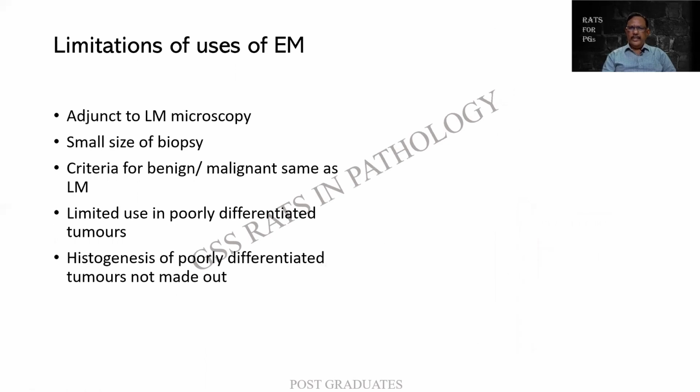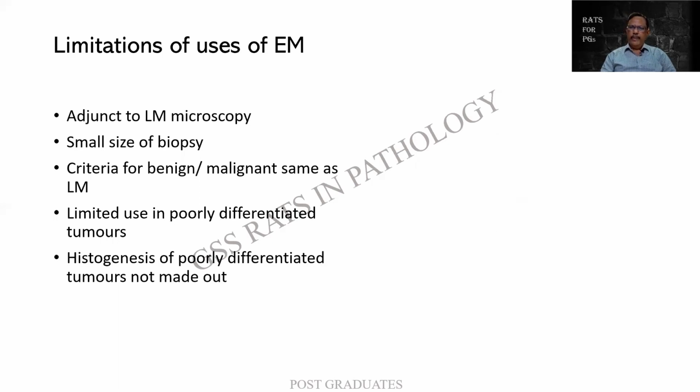What are the limitations of the electron microscope? Please do remember, it is an adjunct. Adjunct means it is an added advantage or a supplement to light microscopy. The small size of the biopsy is a limitation. We cannot have multiple large tissues.